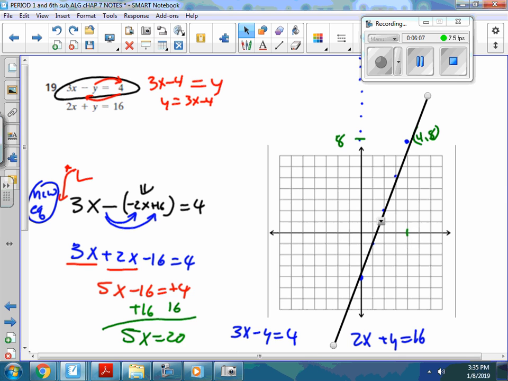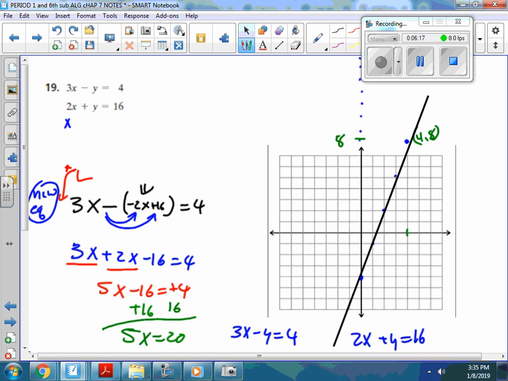Okay. And then I'm going to graph my other one using the intercepts. So if I let x equal 0, y is going to equal 16. If I let y equal 0, x is going to equal 8.